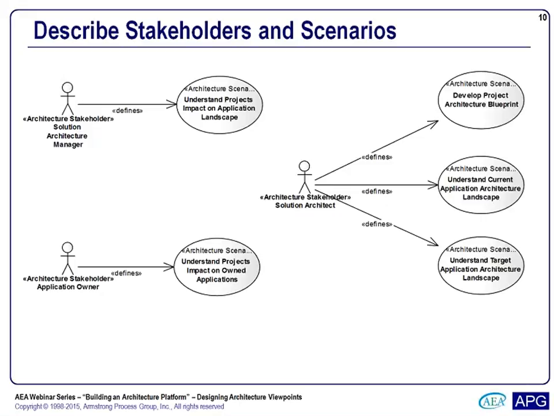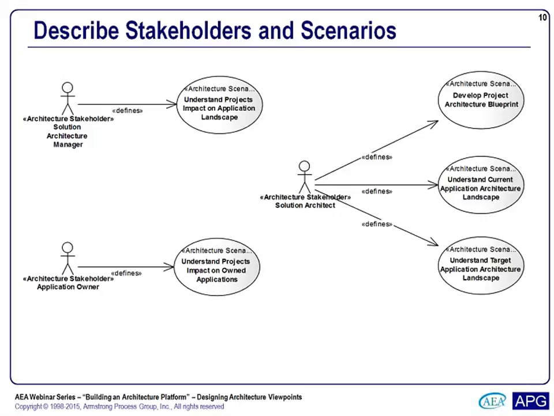An architecture manager may be interested in understanding the impact that projects being proposed or in flight have on the entirety of the application architecture landscape. An application owner perhaps takes a more finite view and says, I get being interested in the big picture, but I really mostly care about the impact of projects on the applications that I own.